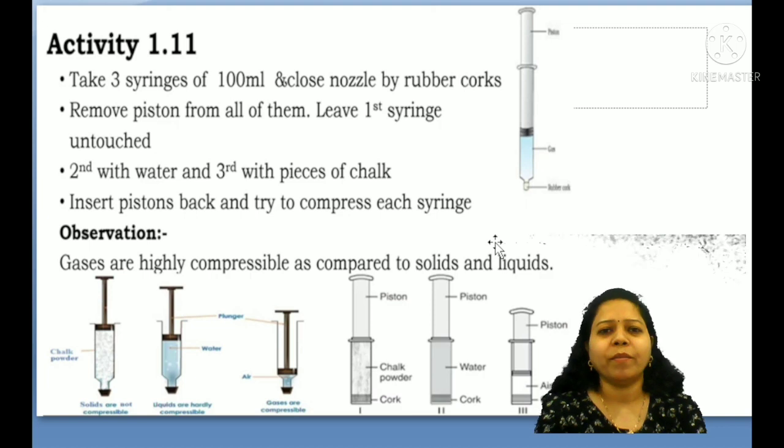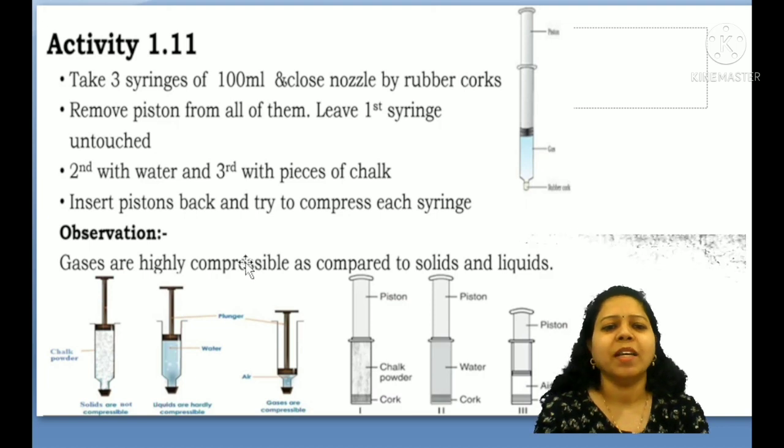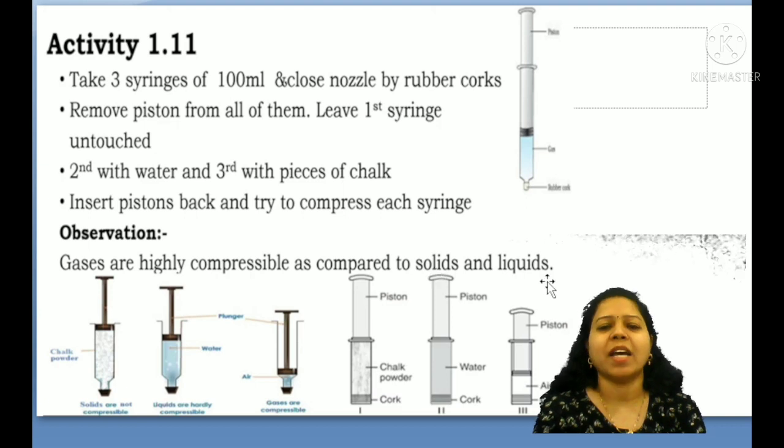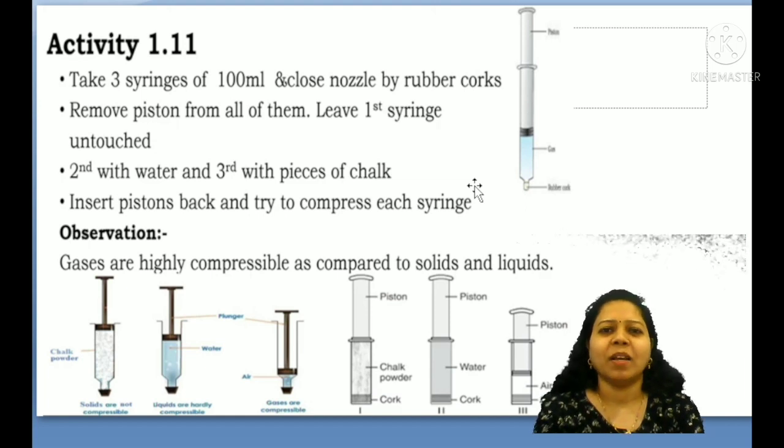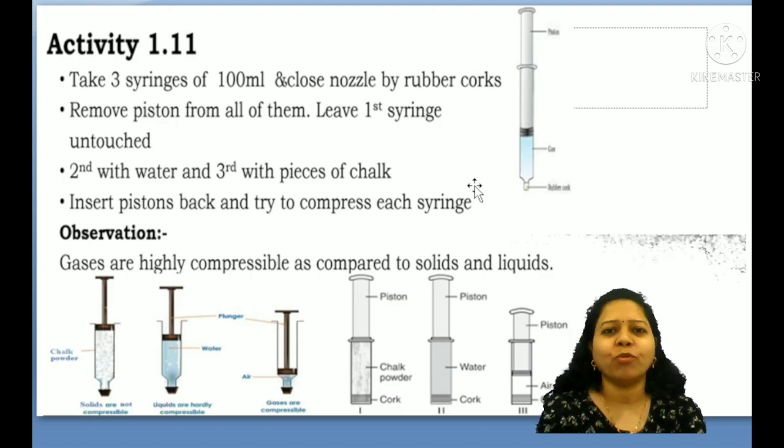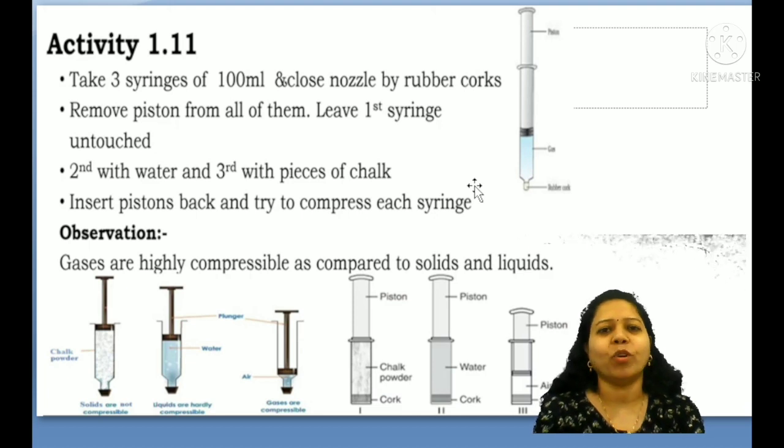Now what will we observe? Gases are highly compressible as compared to solids and liquids. The syringe in which we are taking gas, or not taking anything, is easily compressible, and the syringe with water requires a little bit of force. The one with chalk pieces requires more force as compared to the first and second syringes, with air and water.